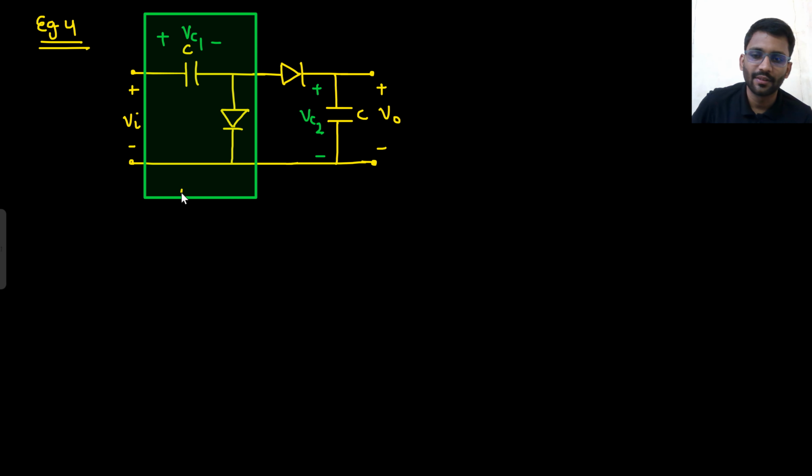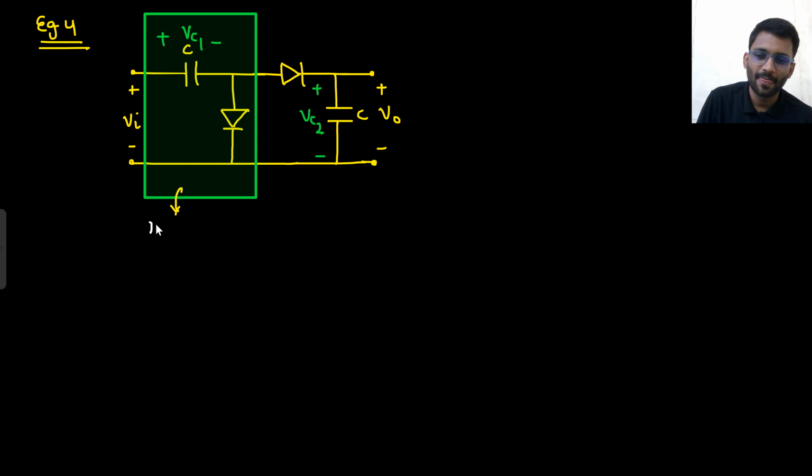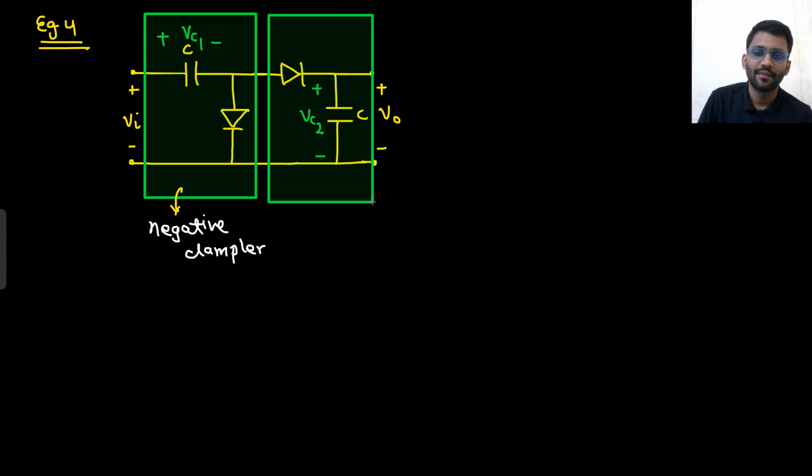Negative clamper. And what is this? Positive peak detector. That means it will detect the maximum value.